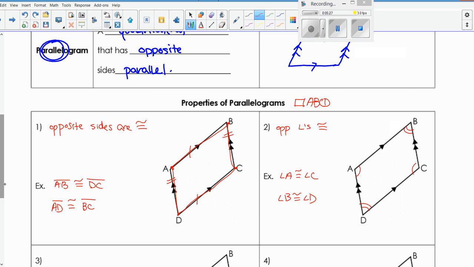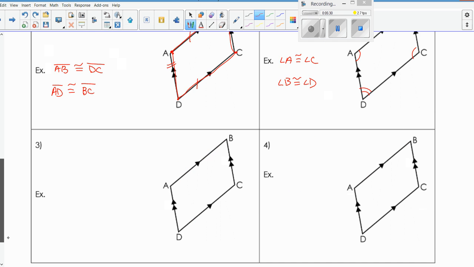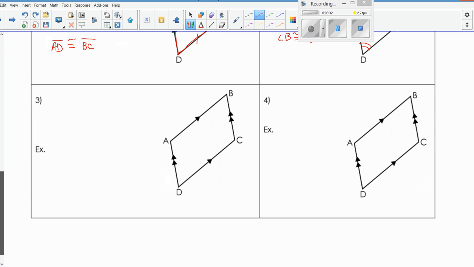Alright, another property. So if quadrilateral ABCD is a parallelogram as shown, then consecutive angles are supplementary. Okay, so what that means, consecutive means one right after the other.